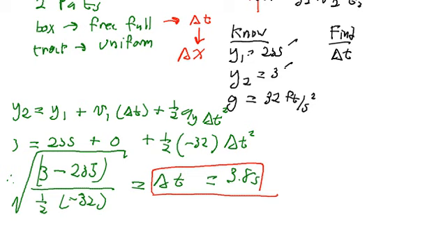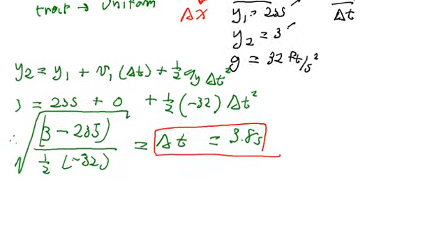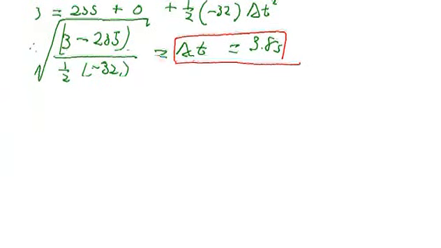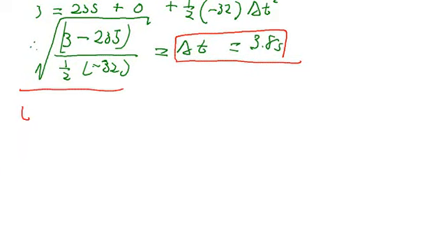Right, so now that we've got that figured out, we can go ahead and decide where the truck has to be when the package is dropped so that they come together. So the truck is undergoing uniform motion.